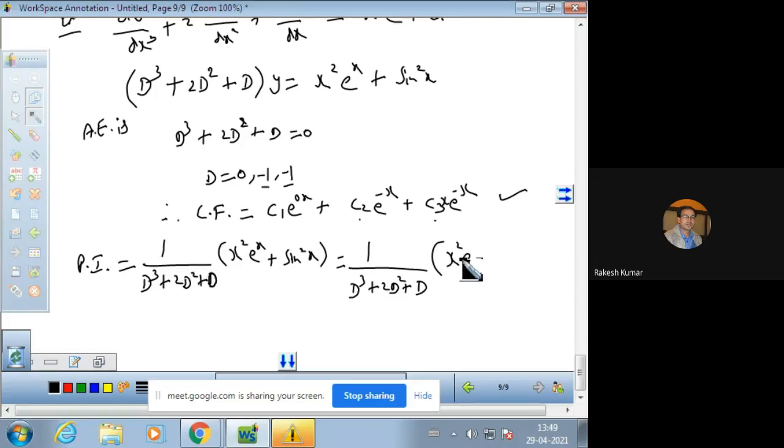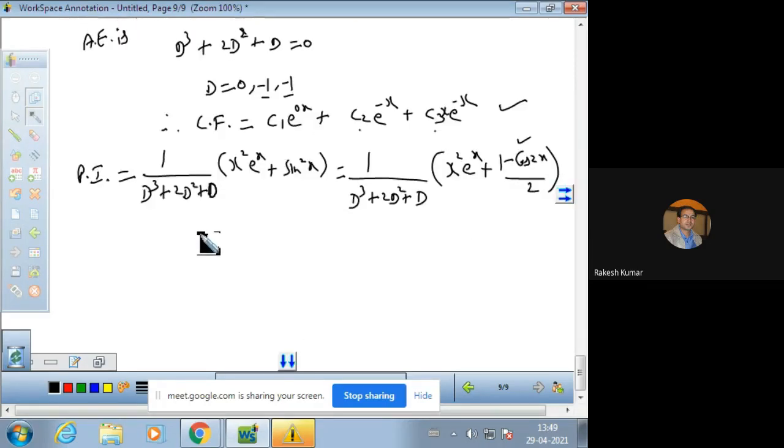So x square e raised to power x plus, use the formula in place of sine square. So the cos 2a formula will be used here, and the value of sine square x is equal to 1 minus cos 2x over 2.